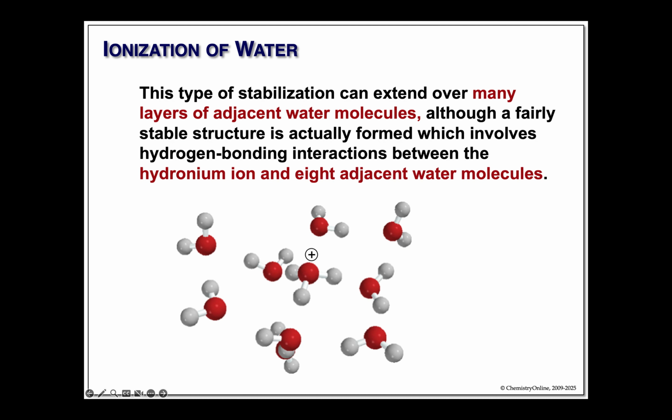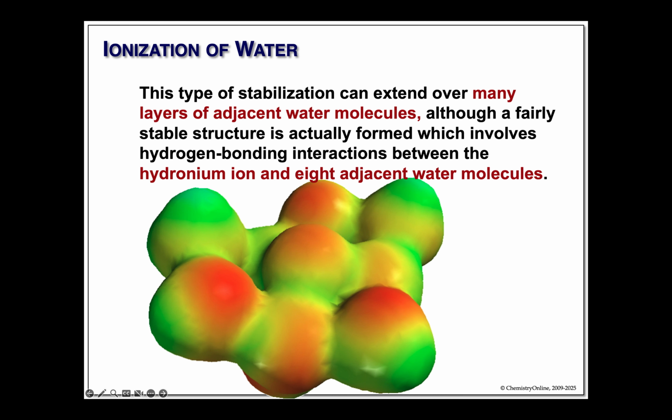If I do this same thing, putting my hydronium here, and I've surrounded it here with 8 waters, this is the hydronium, what it looks like. If we calculate the electrostatic potential map for the whole cluster, we get something like this.